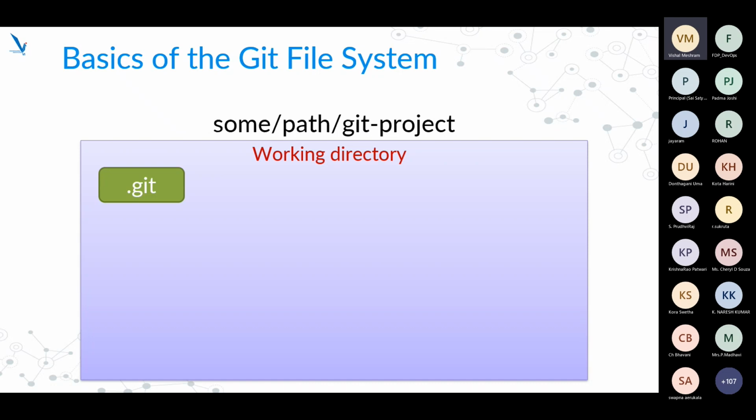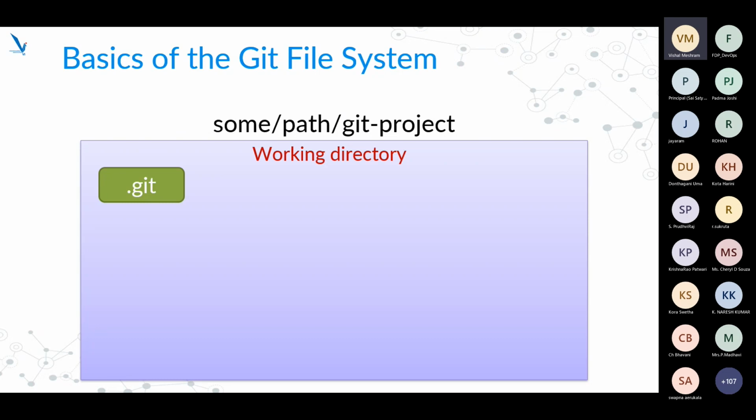As I said, Git is a tracking tool, a version control system. So whatever Git requires to manage your folders and files and to track the progress is all maintained in this hidden folder. It also has a database, which Git uses to keep track of all files added to the project.